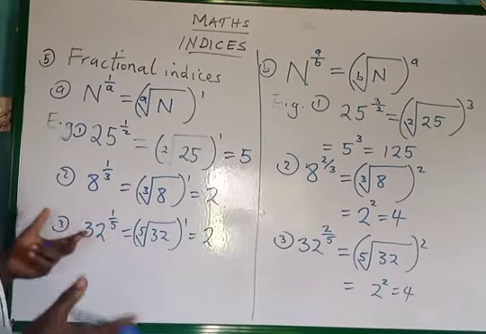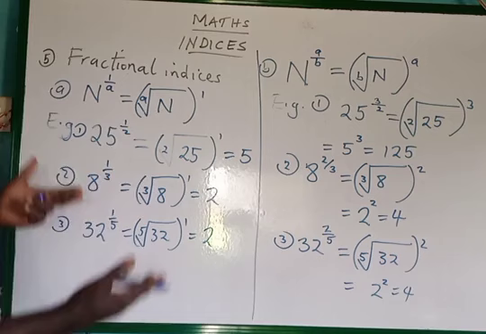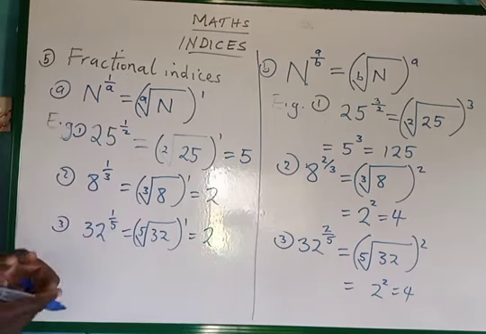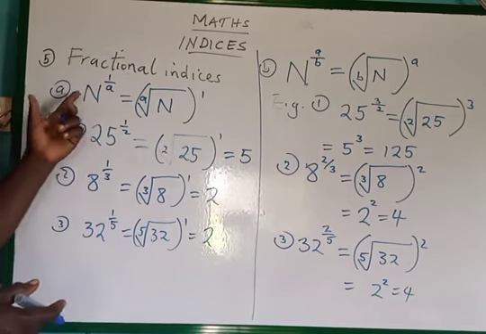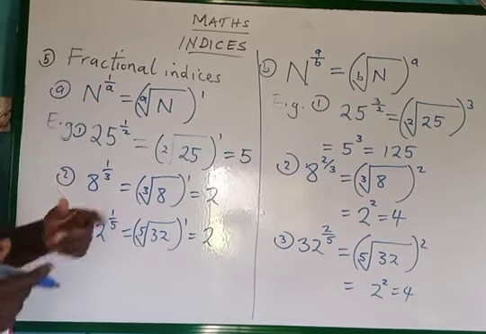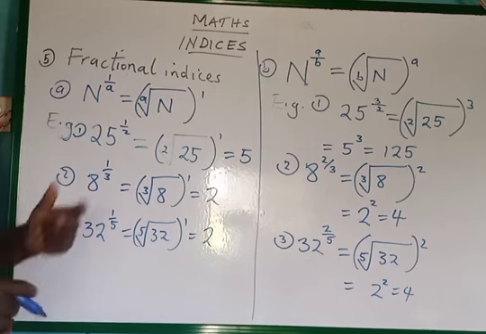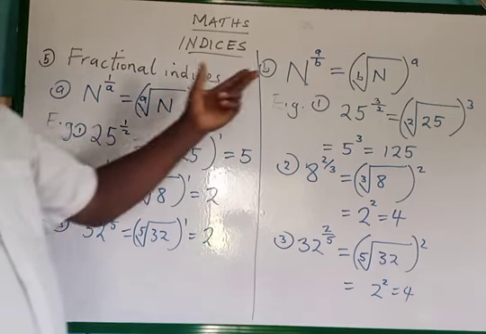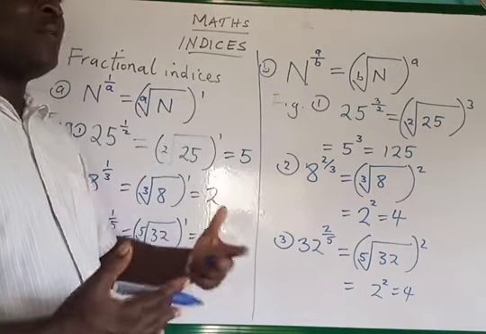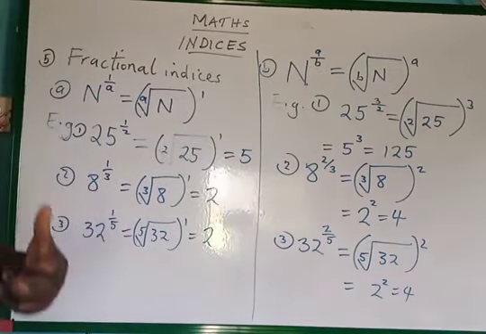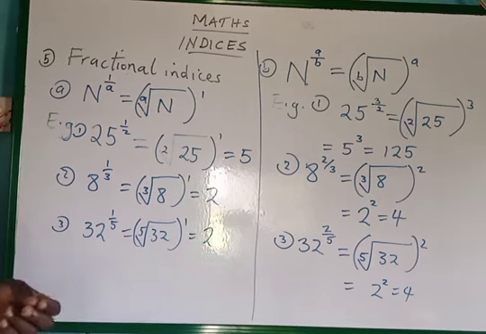We have just treated 2 laws under one main law, the fractional indices law. 1 is when a number is raised to a fraction that has 1 as numerator, and 2 is when a number is raised to a fraction where the numerator and denominator are more than 1, as the case may be.